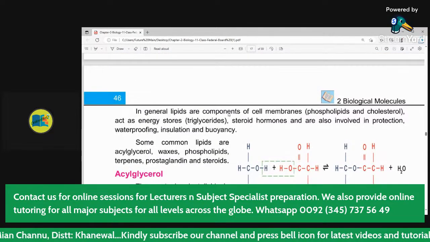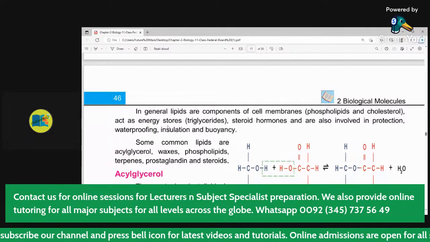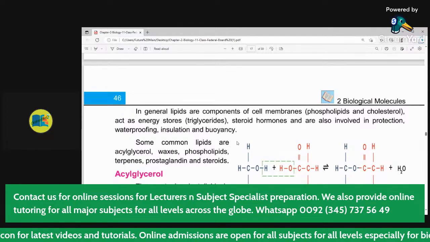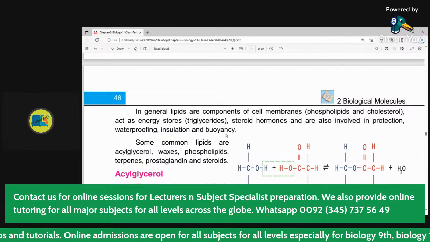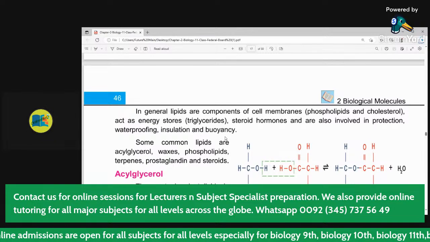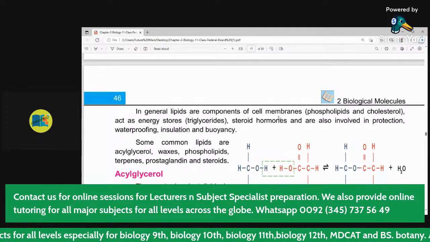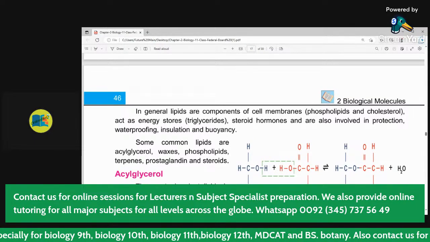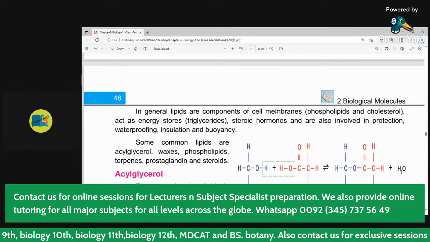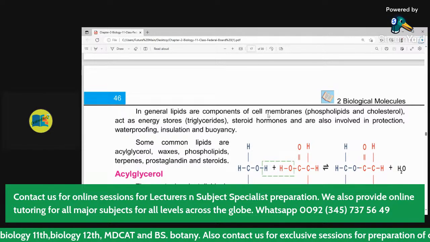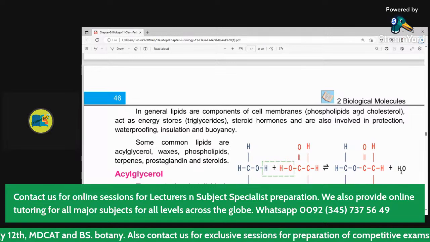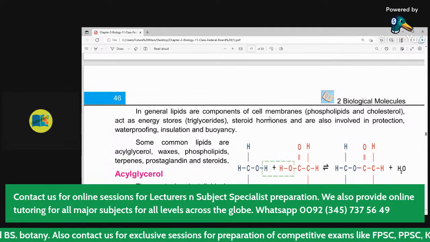In general, lipids are components of cell membranes, act as energy stores, form steroid hormones, and are also involved in protection, waterproofing, insulation, and buoyancy. So, lipids perform different functions. Phospholipids and cholesterol are the lipids that are components of cell membranes.